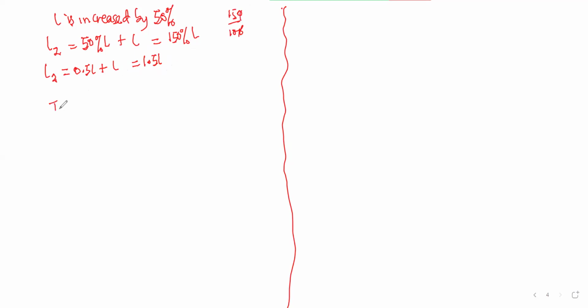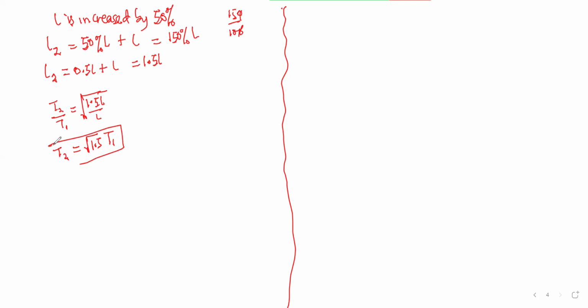So T2 over T1 would be equal to the square root of 1.5 L over L. Therefore, T2 would be equal to the root of 1.5 times T1.